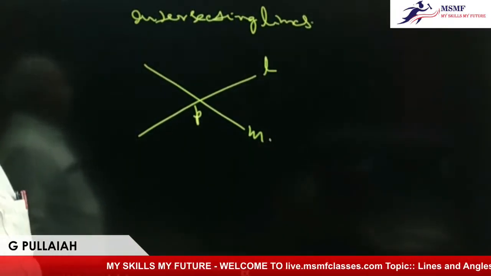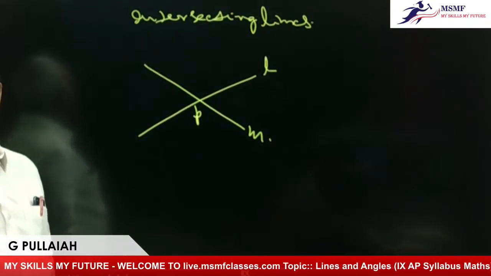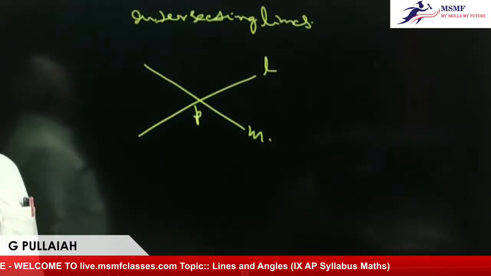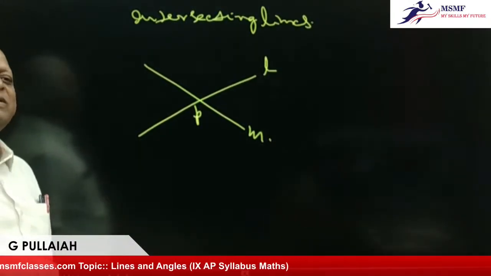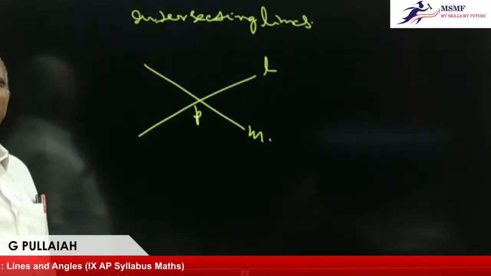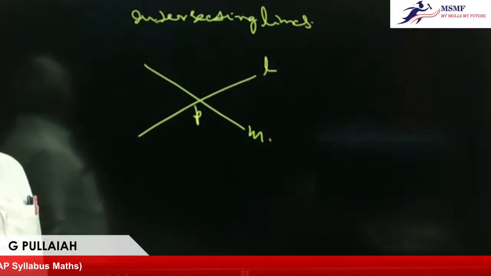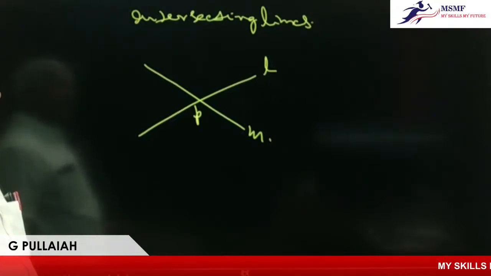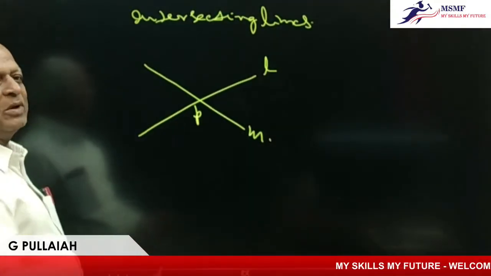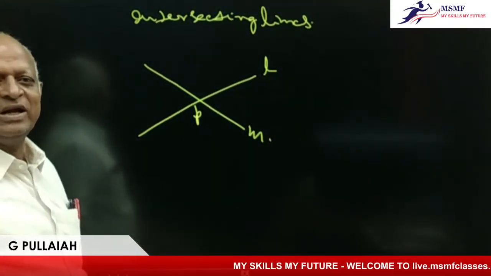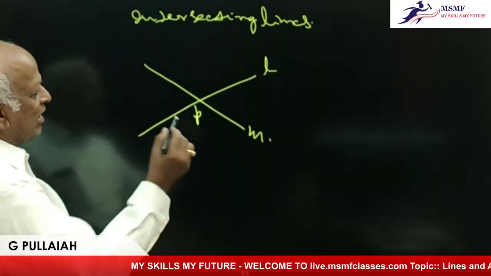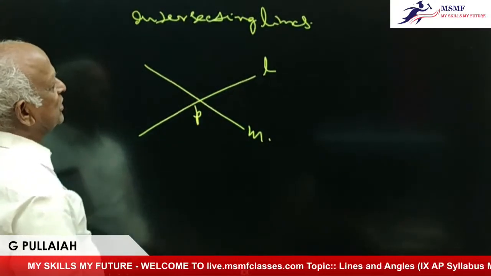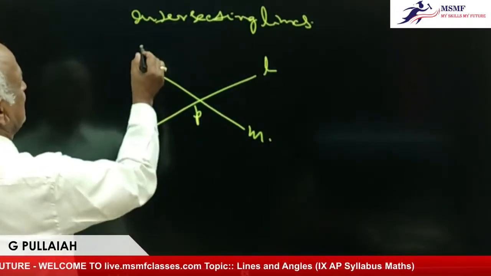Are these two lines parallel? No. Why are they not parallel? Because they have one common point. If two lines do not have any common point, we call them parallels. If two lines have one common point, then we call them intersecting lines. And the common point P is said to be the point of intersection.